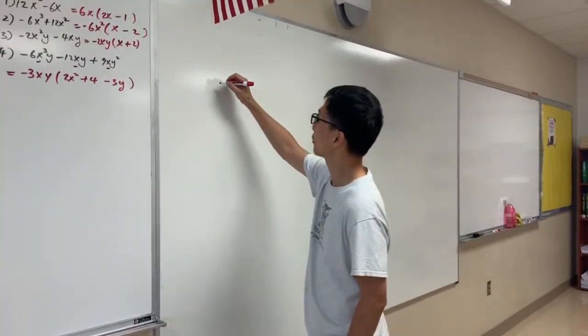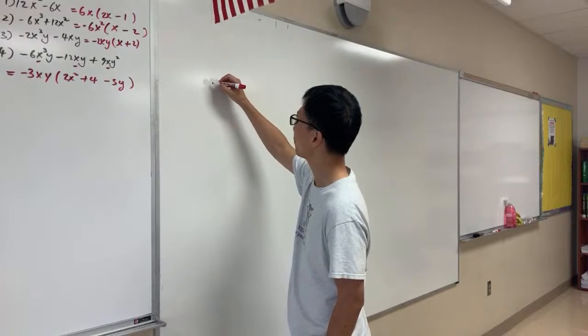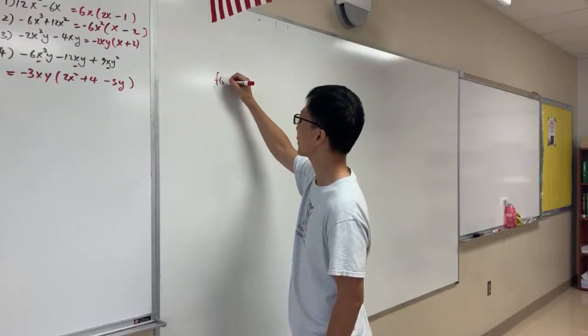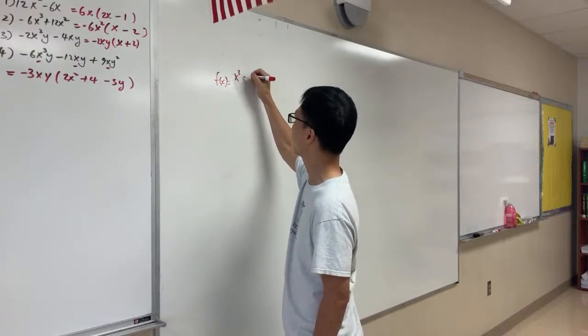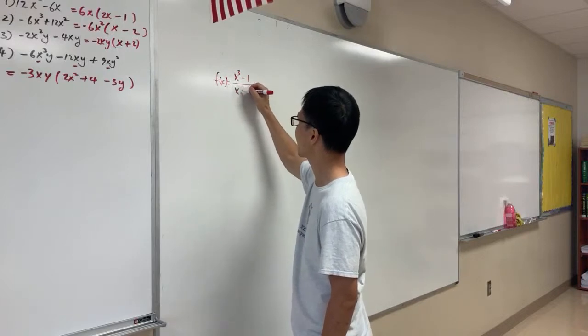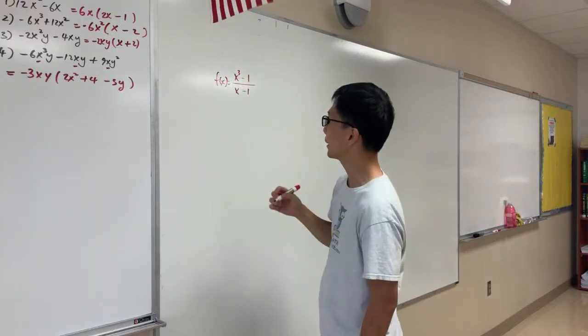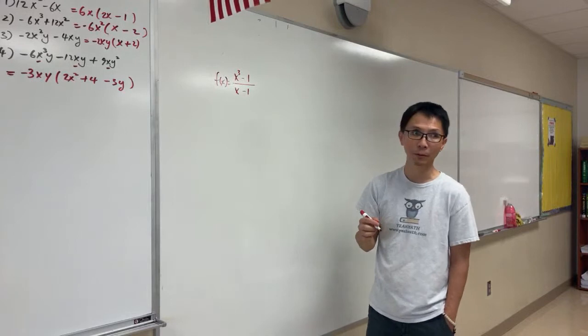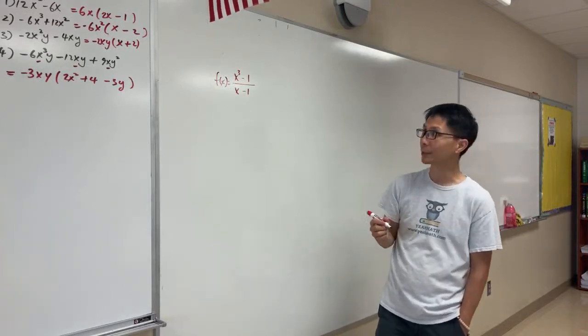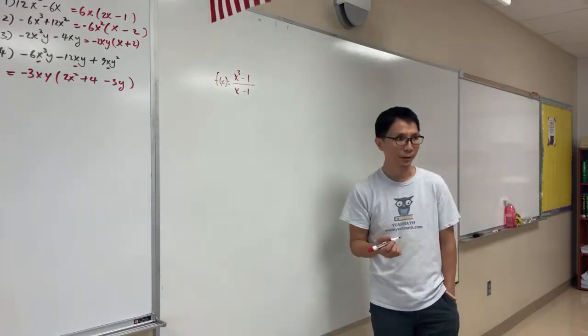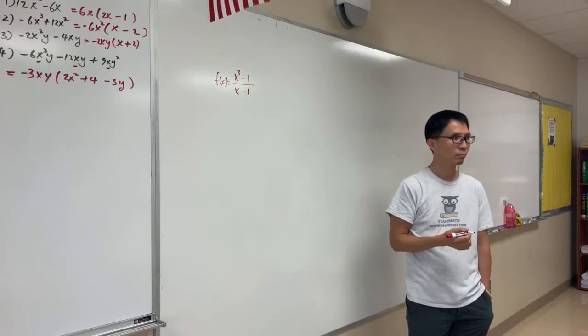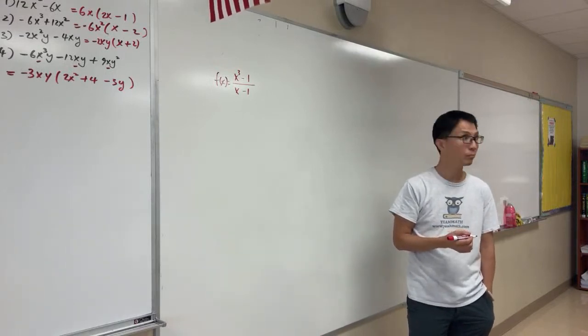Okay, so we're gonna start by this question. What is f of x is equal to x cubed minus 1 over x minus 1? And we say we're gonna find what happened when x is equal to 1. Okay. What happened when x is equal to 1? Vertical line.